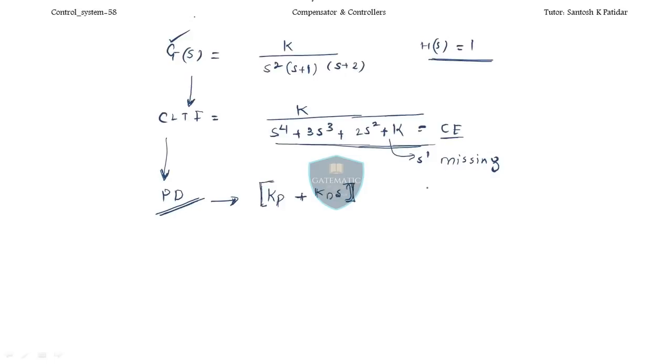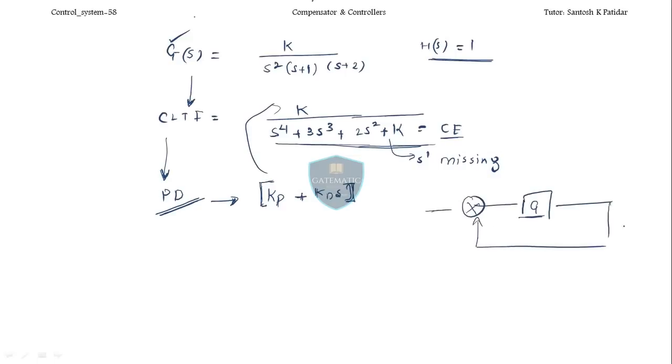Okay, so here is the PD. Now this PD I'll include into the system in series, so this will be multiplied with K. Okay, so your closed loop control system will be like this when you add this into the system. Initially you have G(s) in the system, and this is unity feedback as it's given in the question itself. Now this PD I'll add here. Here I'll add PD, that is KP plus KD s.